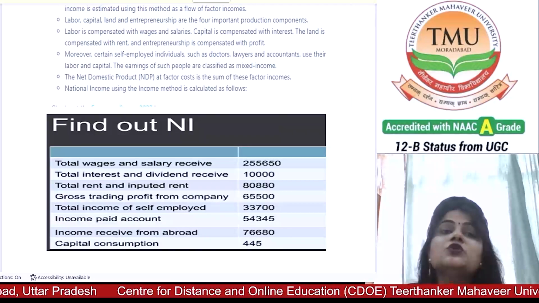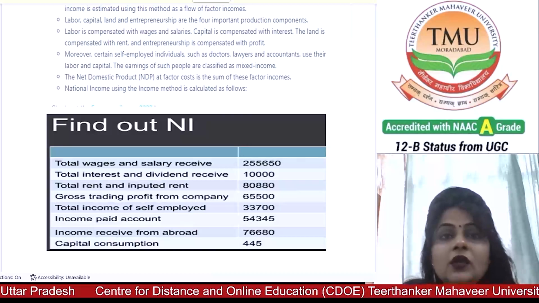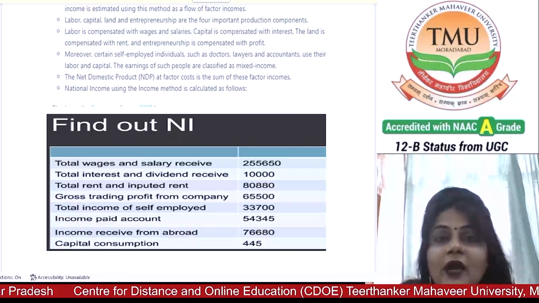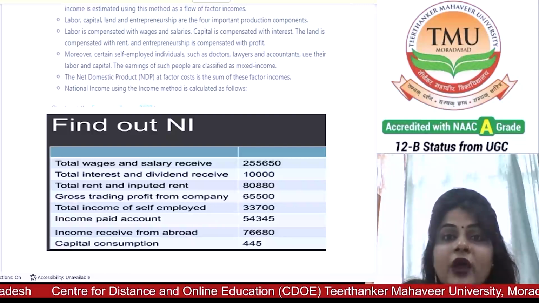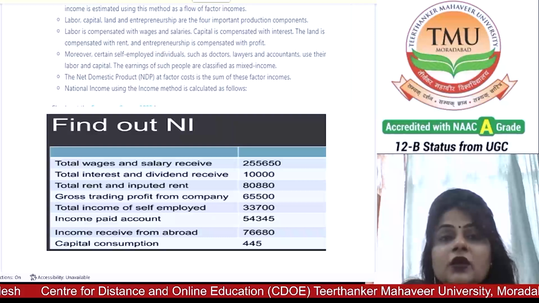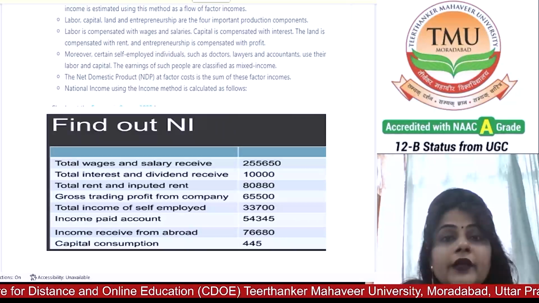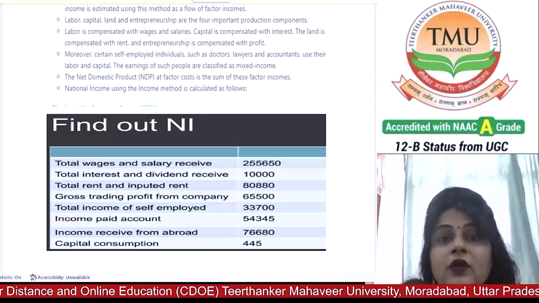So national income using the income method is calculated as total wages and salaries received, 2 lakh 55,650.